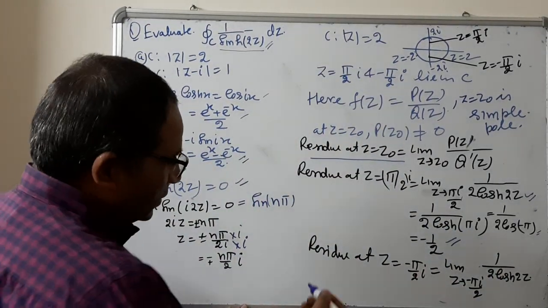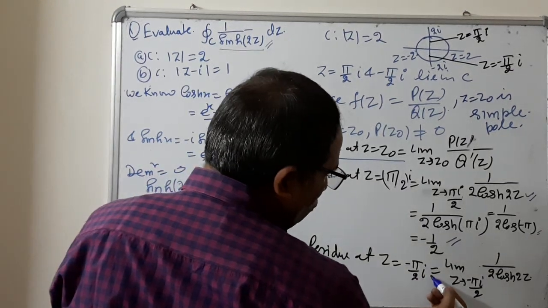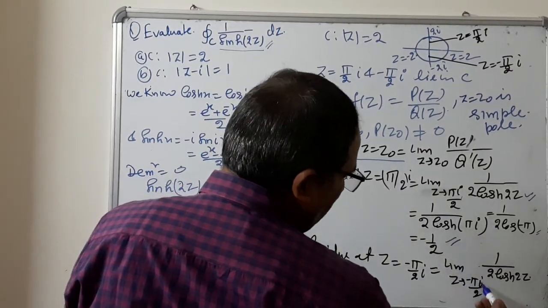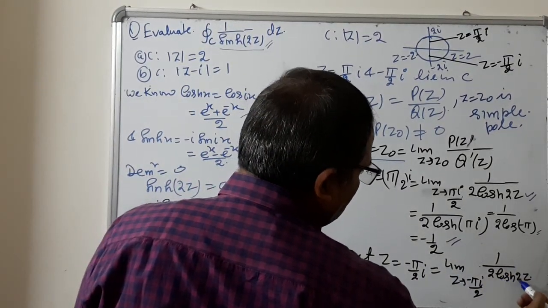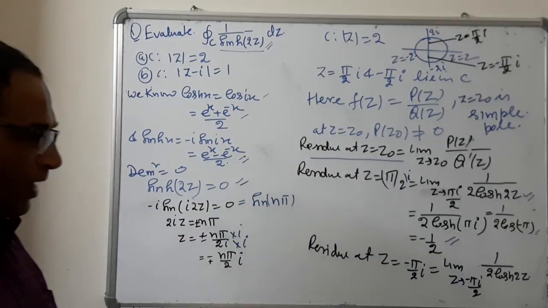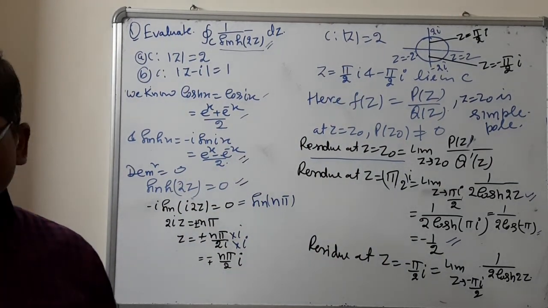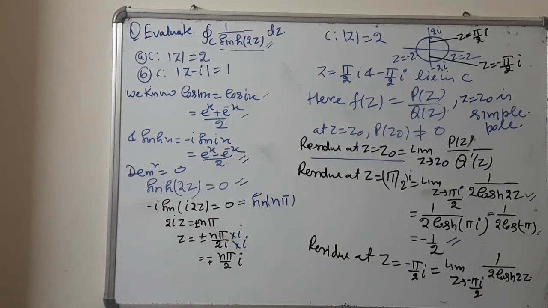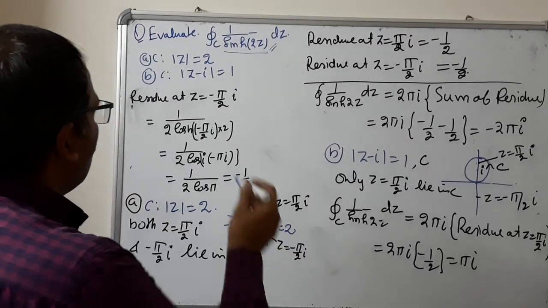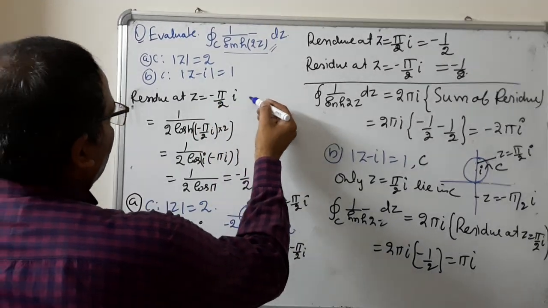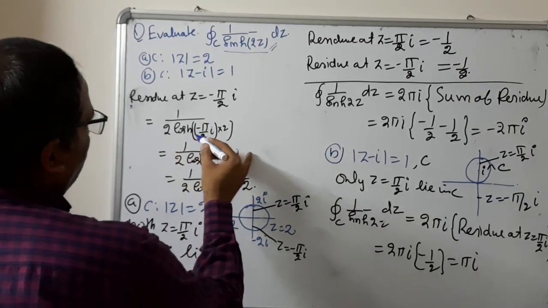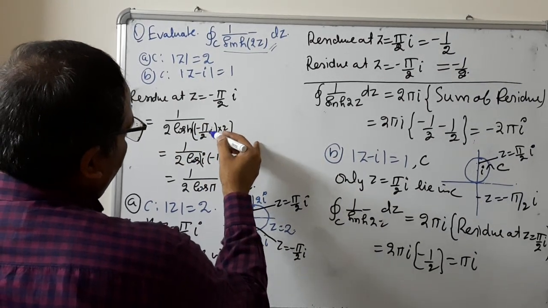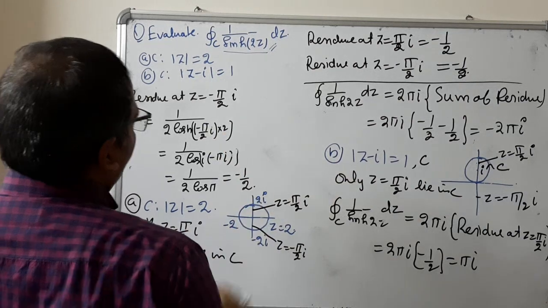Now we have to find the residue at z equal to minus pi i by 2. So the limit z tending to minus pi i by 2 of 1 upon 2 cosh 2z. Now we put the value of z here and find the value. So the residue at z equal to minus pi i by 2 is 1 upon 2 cosh, put z equal to minus pi i by 2 into 2.